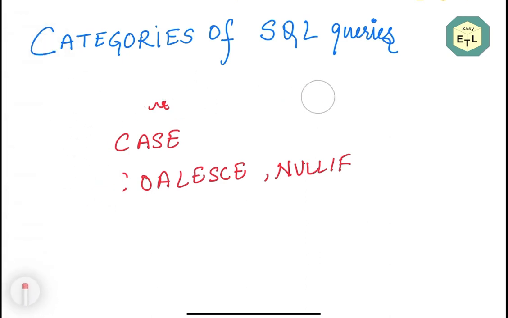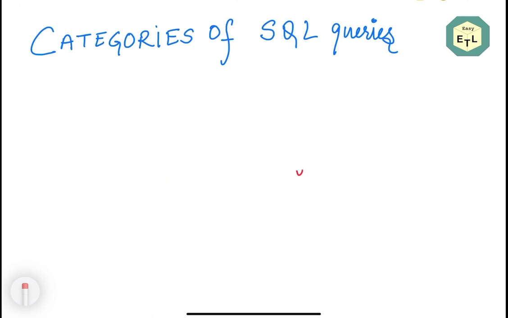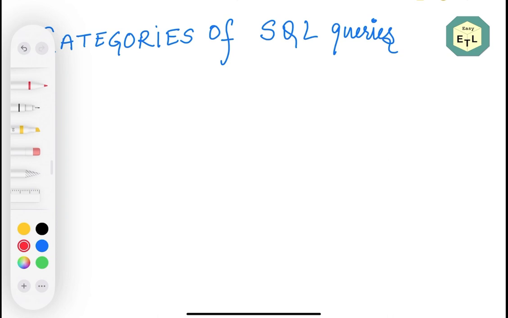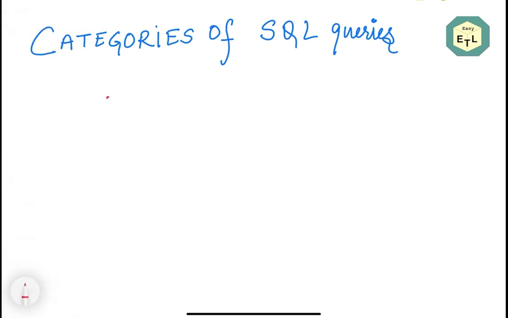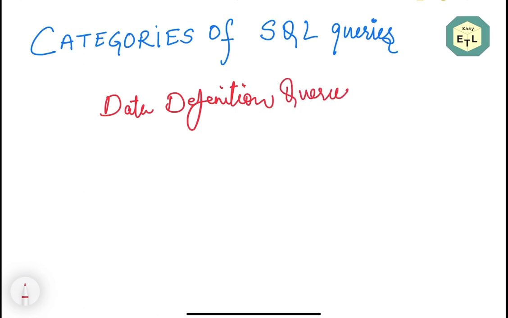And the next category we have is data definition queries. In this one, the first type is create, very famous and very commonly used.